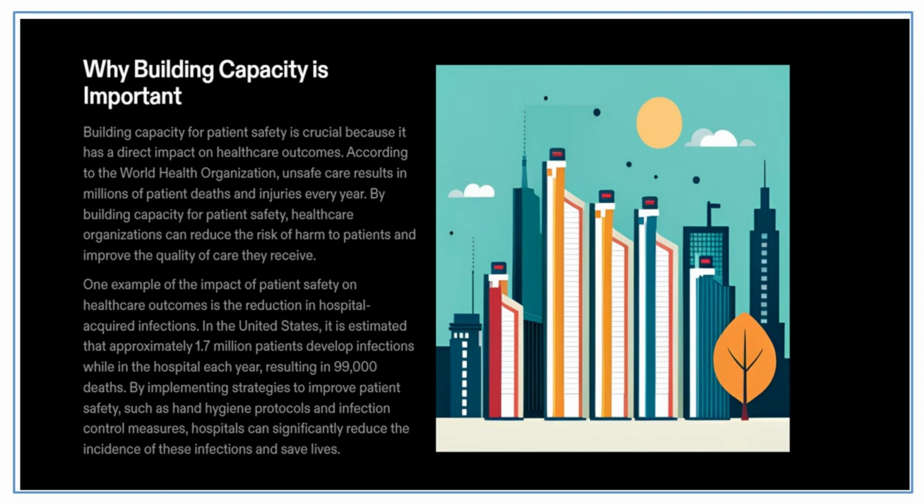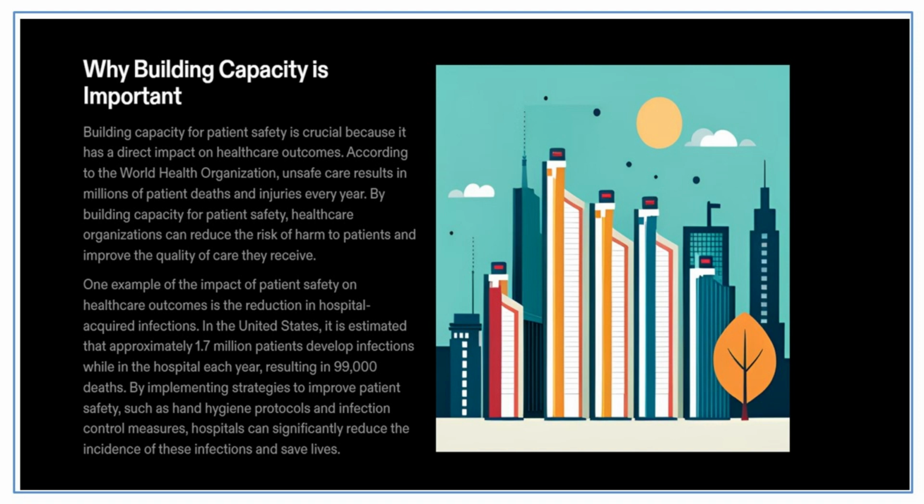One example of the impact of patient safety on healthcare outcomes is the reduction of hospital-acquired infections. In the United States, it is estimated that 1.7 million people will suffer from hospital-acquired infections, and out of those, approximately 1 lakh will die because of them.